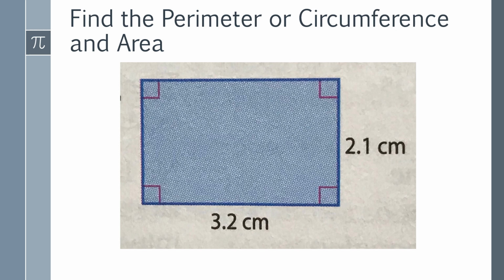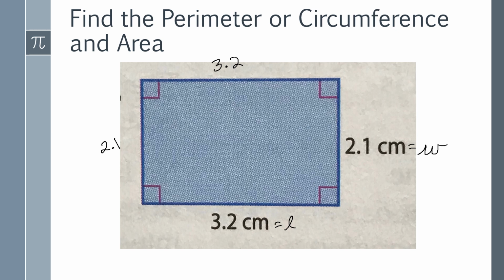There's a couple of different ways that we can do this, and we can say that this is equal to the length and this is equal to the width, right? Width, okay. Now, the thing about rectangles is this one here would also be 2.1, and this one here would be 3.2.